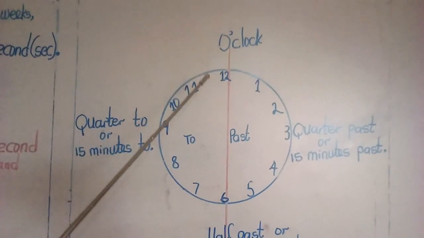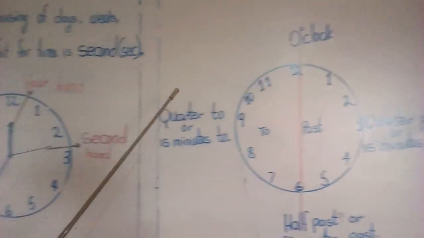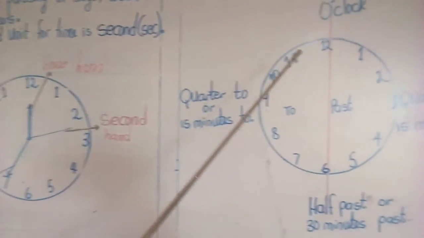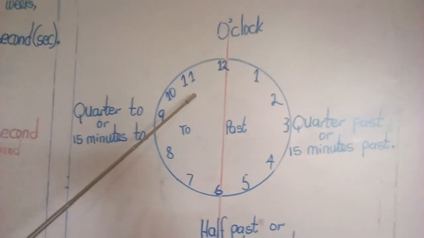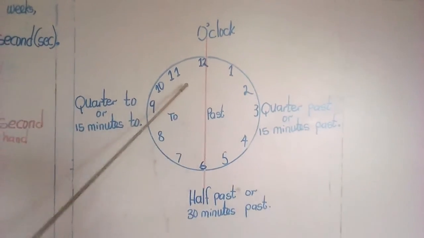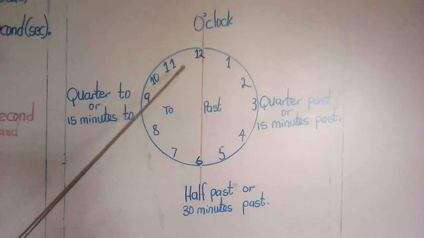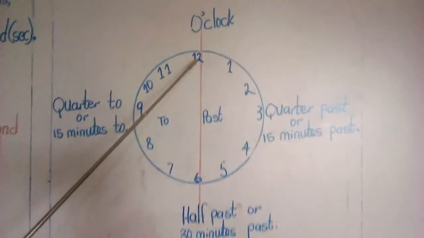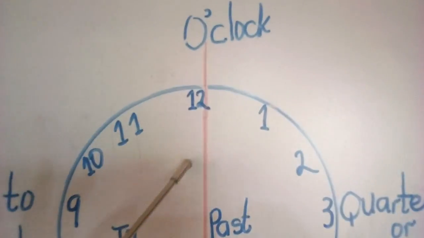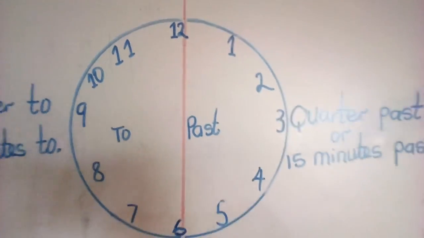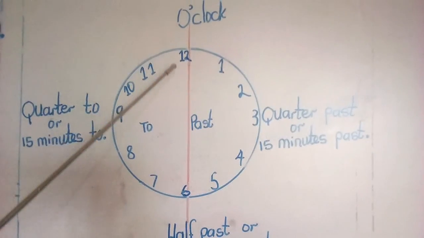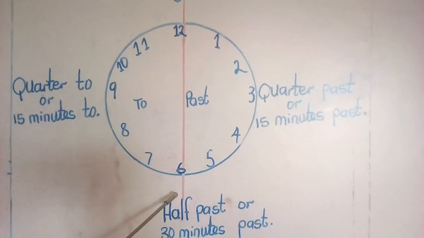All right. So just like we said, this is another face of the clock. And this one, you can see, I didn't put the hands, because I want you to know something. From 12 o'clock, you can see the clock is divided into 2 equal parts. 2 parts that are equal, the same.